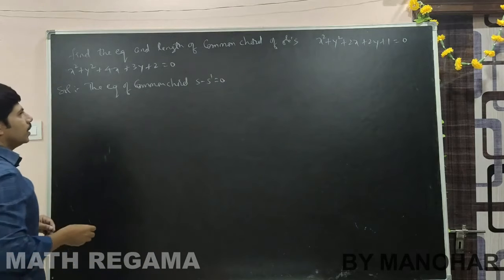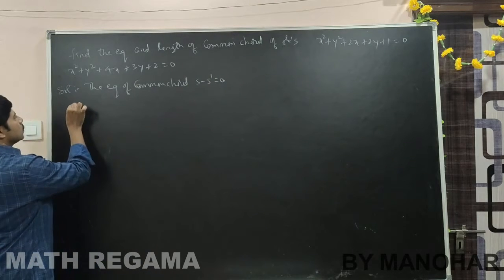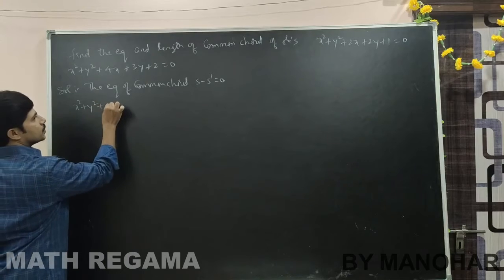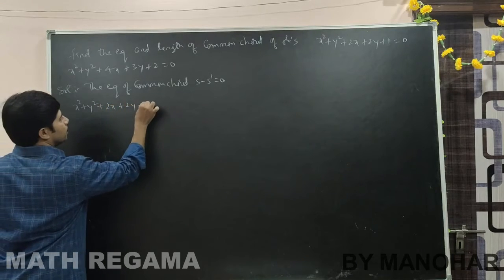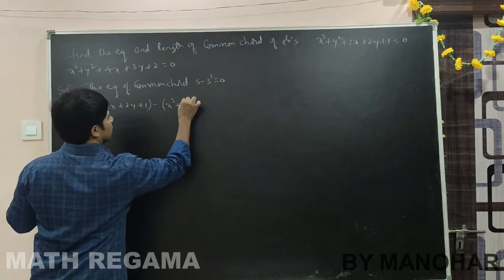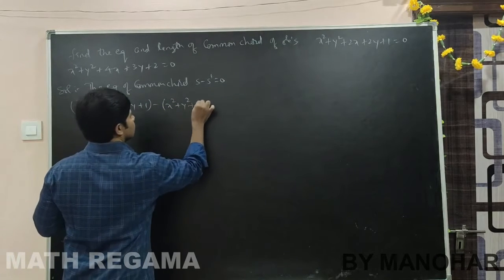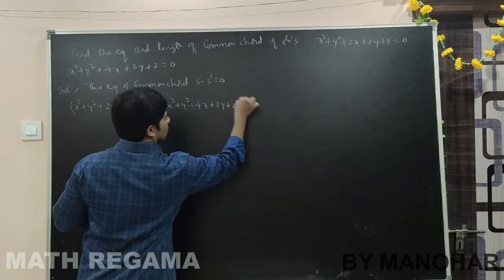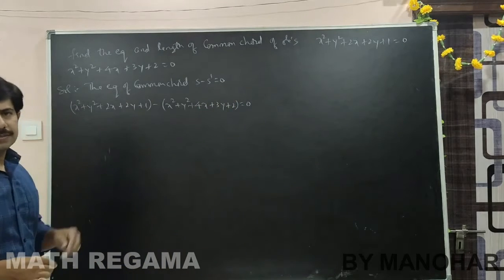So first we find out the common chord. So x square plus y square plus 2x plus 2y plus 1, and after that minus of x square plus y square plus 4x plus 3y plus 2 is equal to 0. Okay, now we'll simplify.